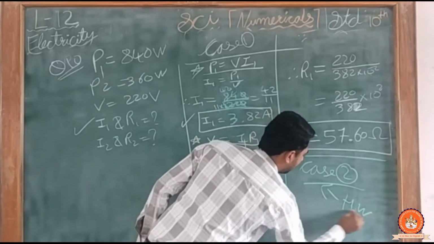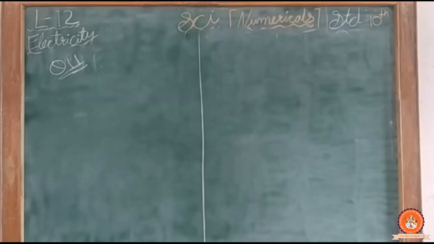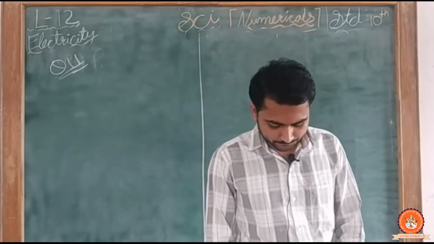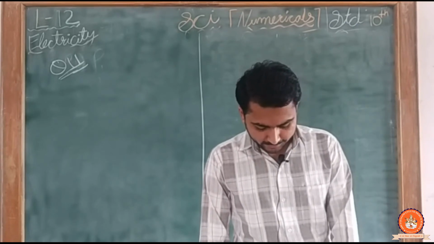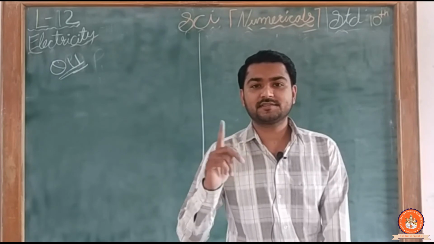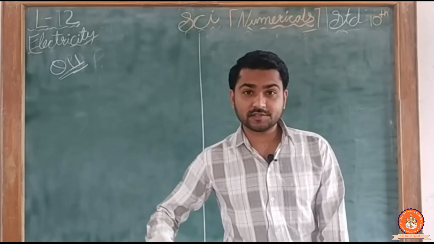This is your homework. Now students, coming to question number 11. Read the question from your book, page number 217. 100 joule of heat is produced each second. Each second means every second, that is 1 second. So in 1 second 100 joule of energy is produced.